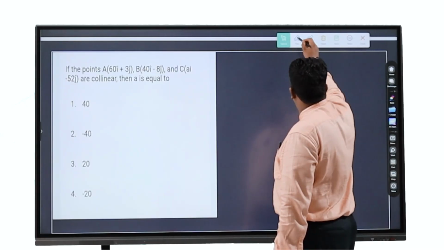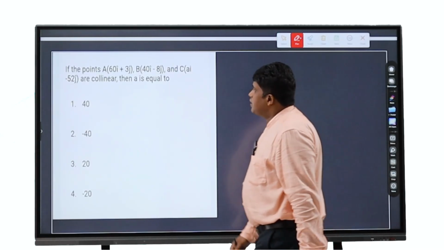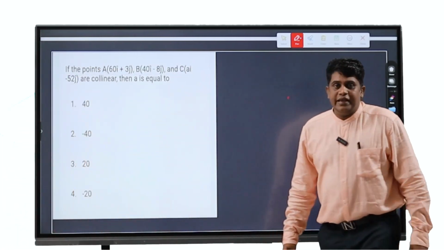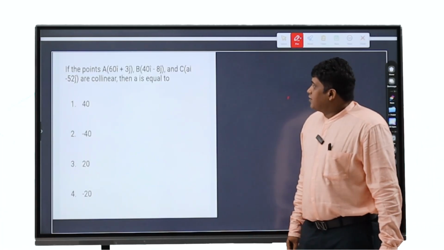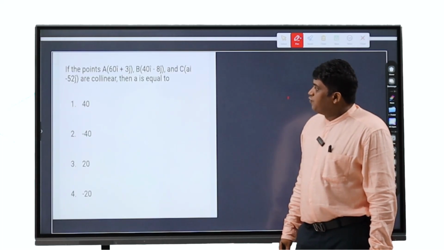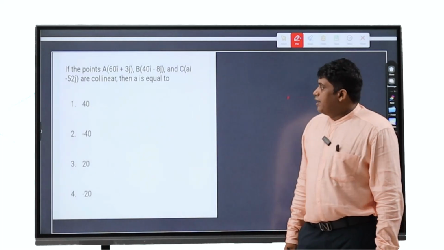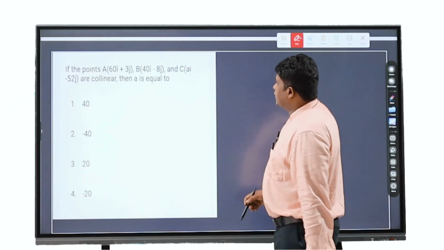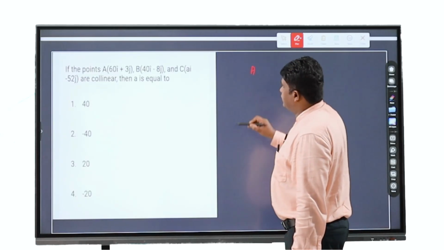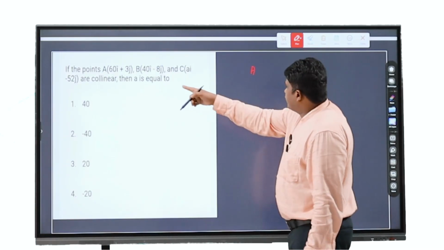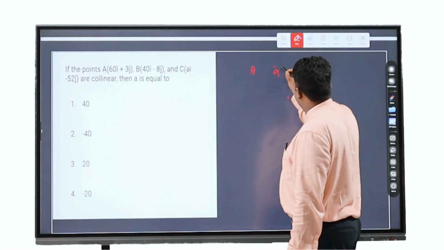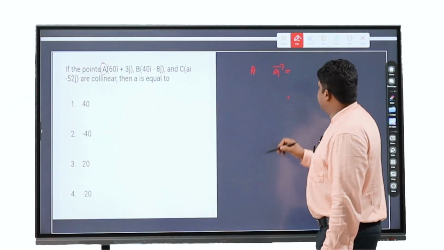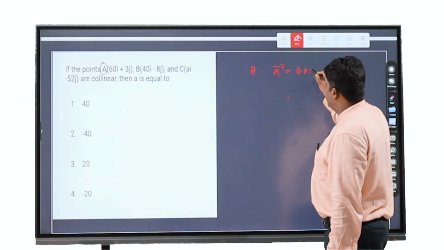Here is a question. If the points A equal to 60i plus 3j, B equal to 40i minus 8j, and C a point ai minus 52j are collinear, then we have to find a. These are the points. A is a point, which means the position vector of the point A is given, that is vector A, 60i plus 3j.